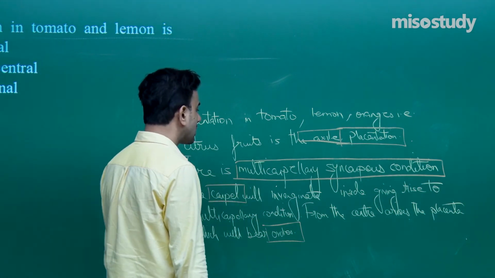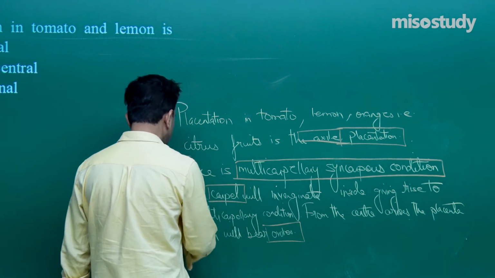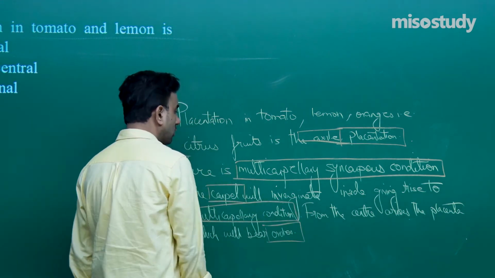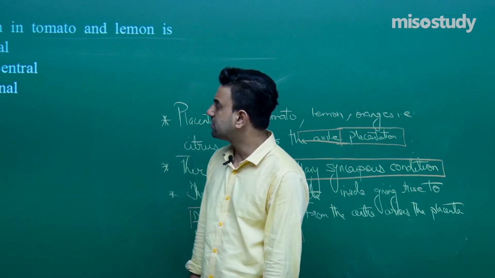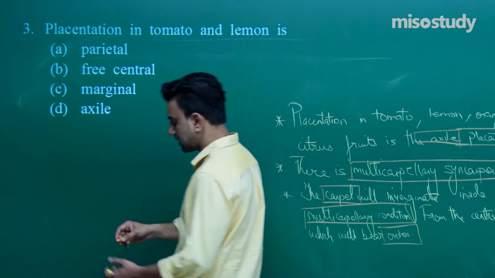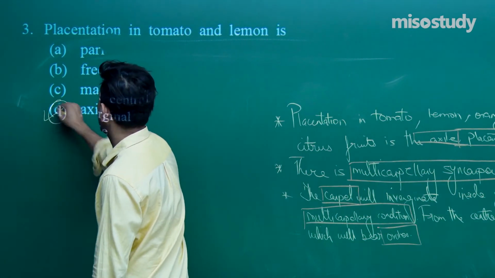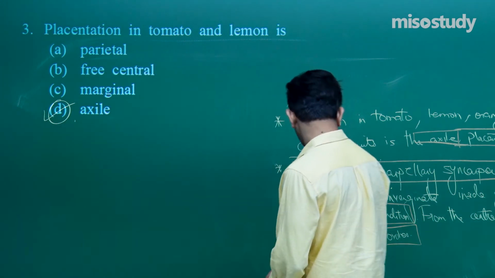The carpel will invaginate inside, giving rise to the multicarpellary condition. From the center arises the placenta which will bear the ovules. So, what we will see here is axile placentation.